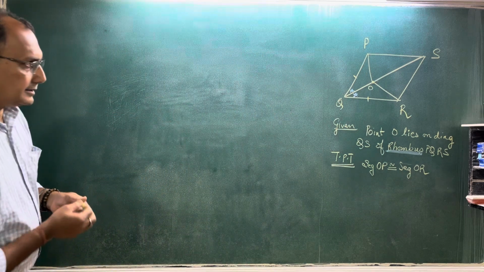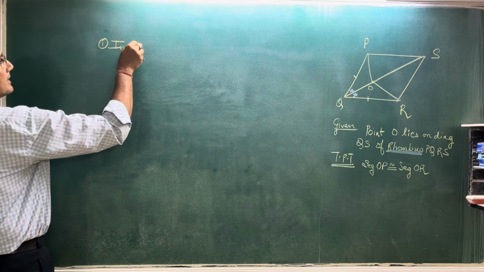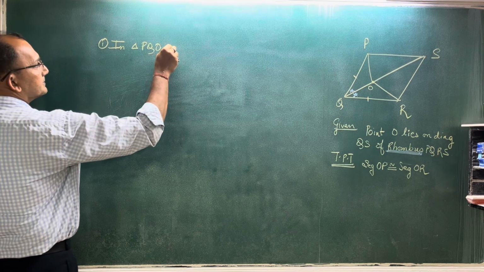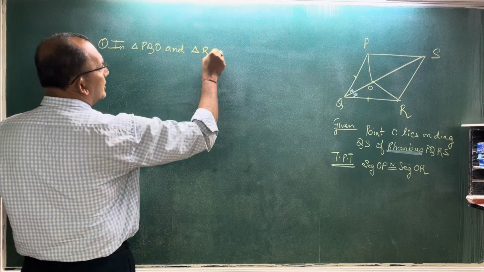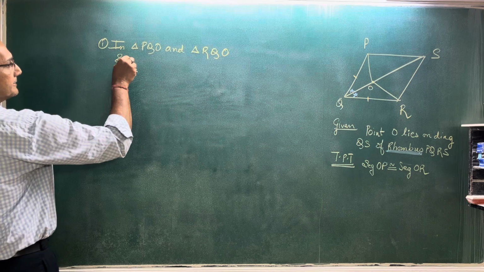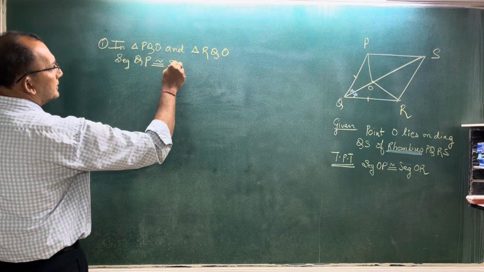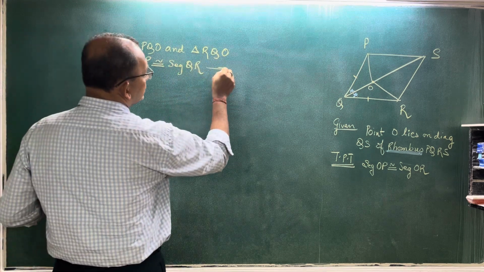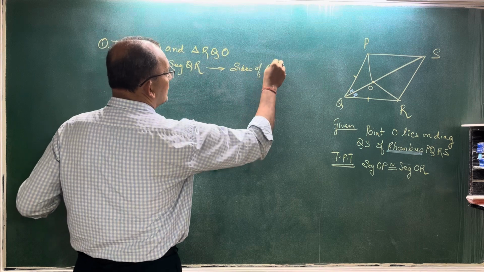So let us enter the triangles now. In triangle PQO and triangle RQO, segment QP is congruent to segment QR. These are sides of the rhombus.